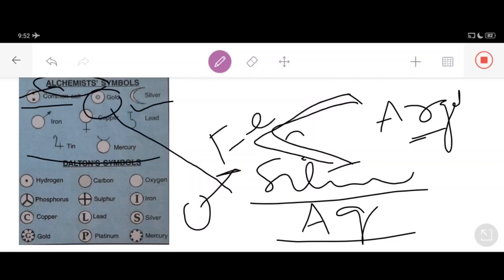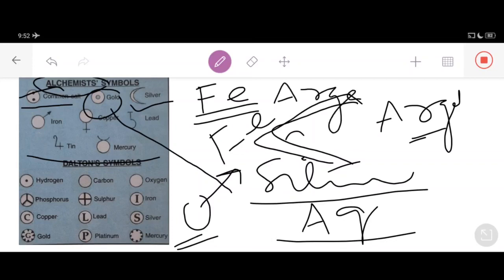And these symbols were given by some of the people who studied philosophy and astrology, and those people were named alchemists. So this was a symbol for iron. Nowadays, Fe, derived from its Latin name ferrum.